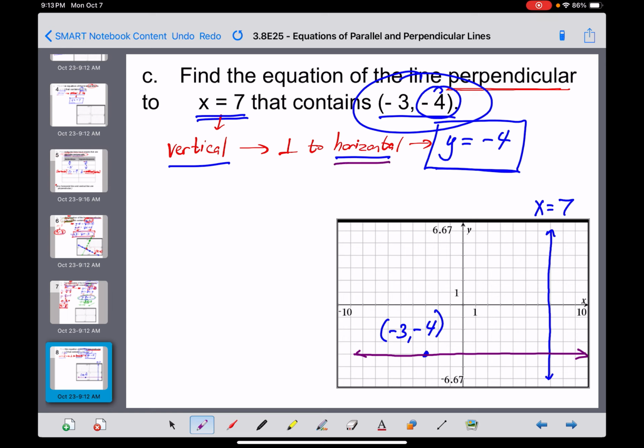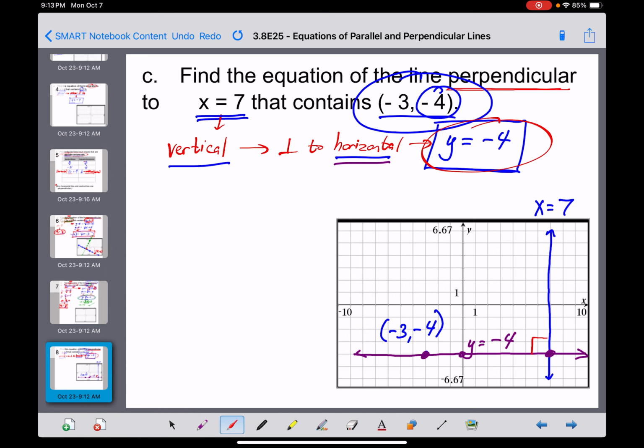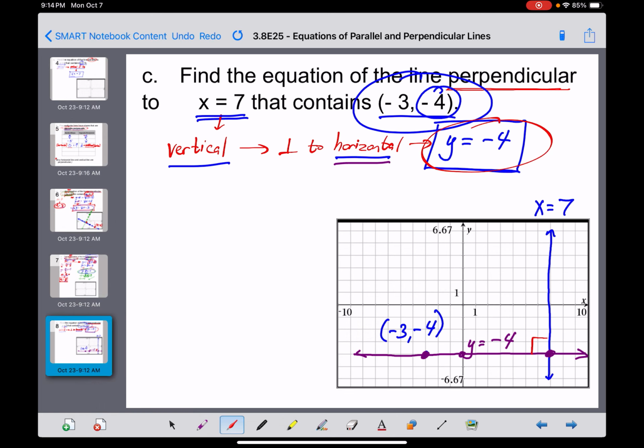A horizontal line. The equation of every horizontal line is y equals, and every single point on this graph, whether it's this one or its y-intercept or this point right here, they all have the same y-coordinate of -4. Okay, and that horizontal and that vertical line are perpendicular to each other. So yeah, the graph kind of supports it. This is our answer here for example 2C.